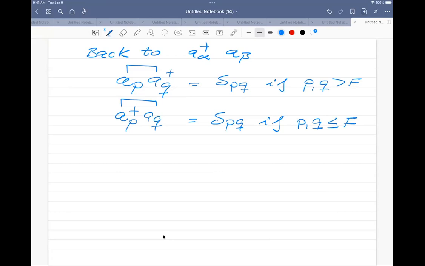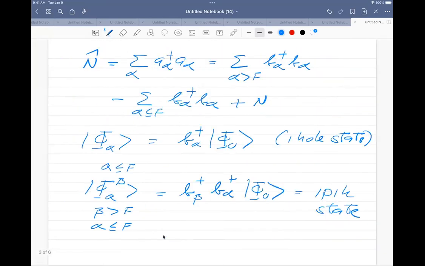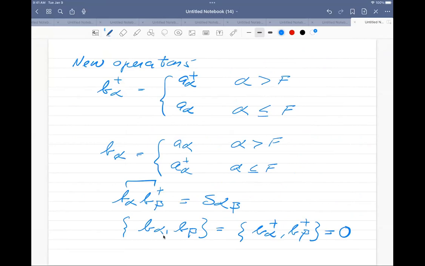So it means that we will reintroduce the same operators, but we will have a subscript which labels whether these are particle states or hole states. And the reason for that is that if you go back to these particle hole operators which we introduced, you see now that if alpha and beta are below the Fermi level, then this one changes into an annihilation operator, and this one changes into a creation operator.